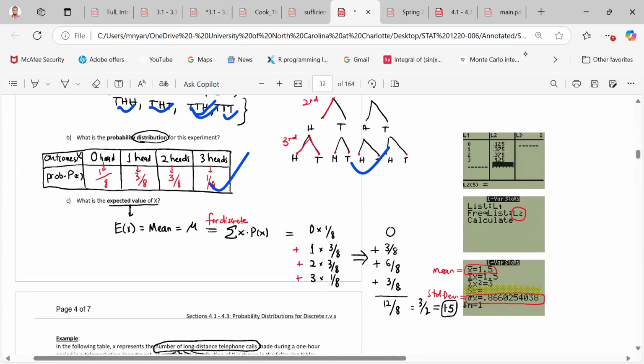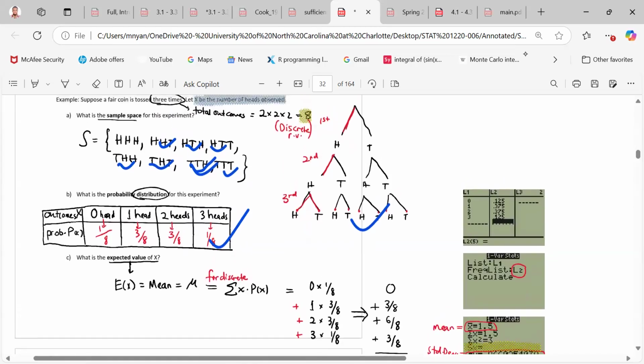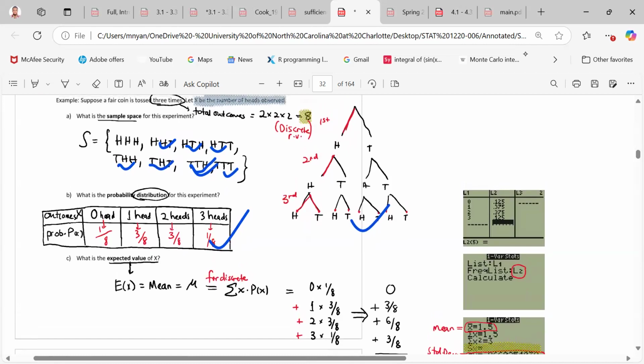So you have to find the expected value. When you go to your calculator, you click on stats, then click on edit and enter the values.